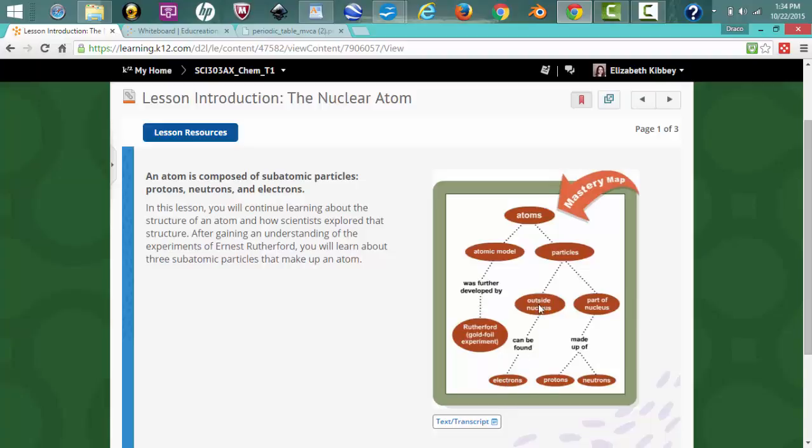They can be found outside the nucleus of atoms. And back up to atoms, particles that are part of the nucleus are made up of protons and neutrons. So just remember, electrons are outside of the nucleus, and protons and neutrons are inside the nucleus.